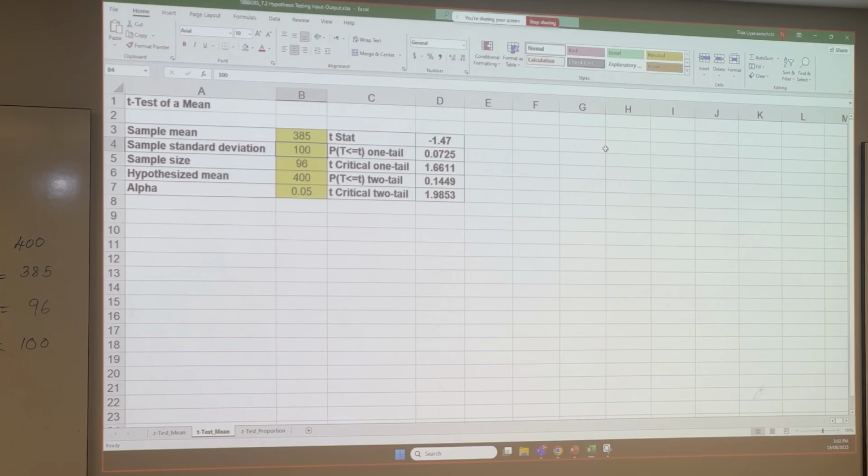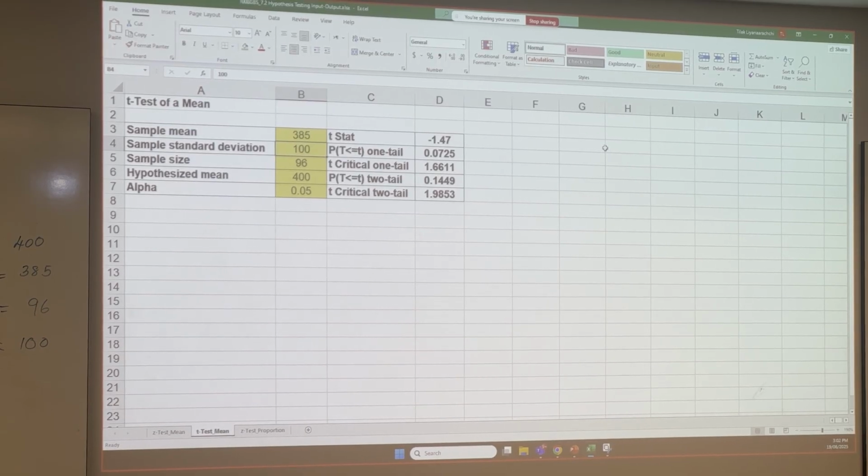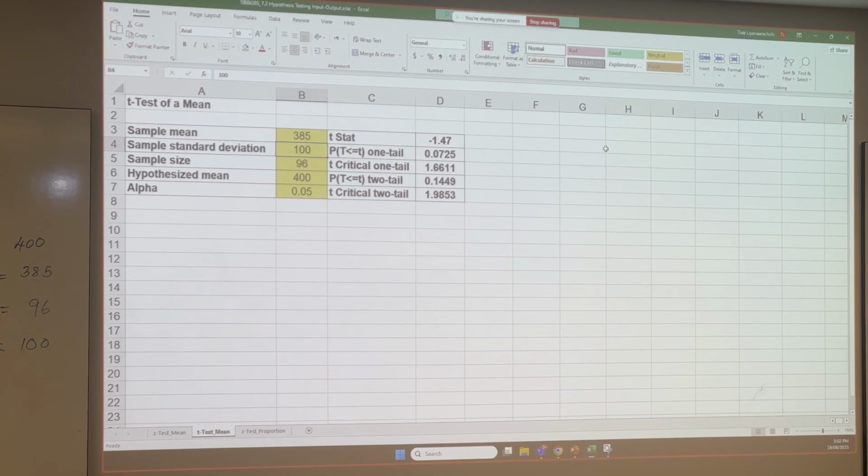The t stat, minus 1.47, falls inside, and inside means the H naught acceptance area. So therefore, do not reject H naught. That means the real estate office is correct.